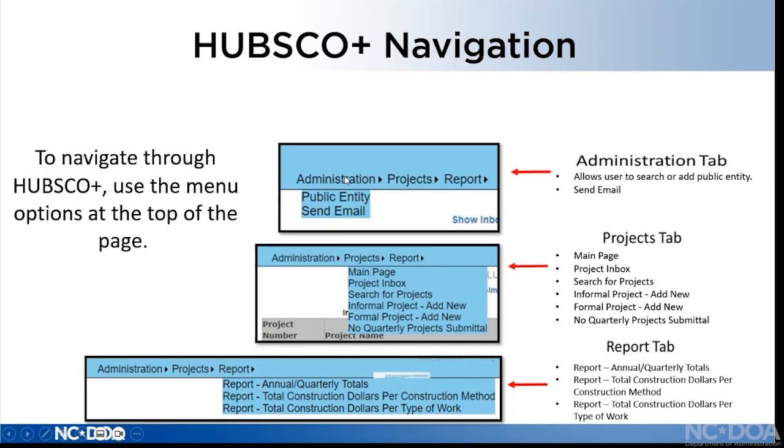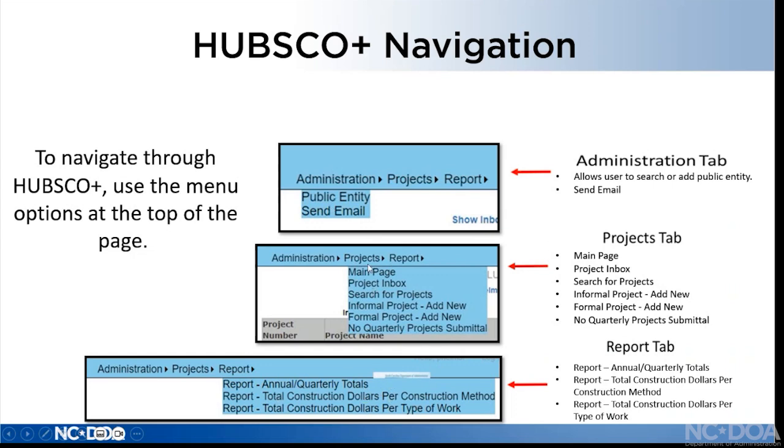For administration, it shows public entity and then send email. For projects, it shows main page, project inbox, those items there, and that no quarterly project submittal is there. And then you have a number of reports. If you hover over reports, you'll see the different reports that are available to you.